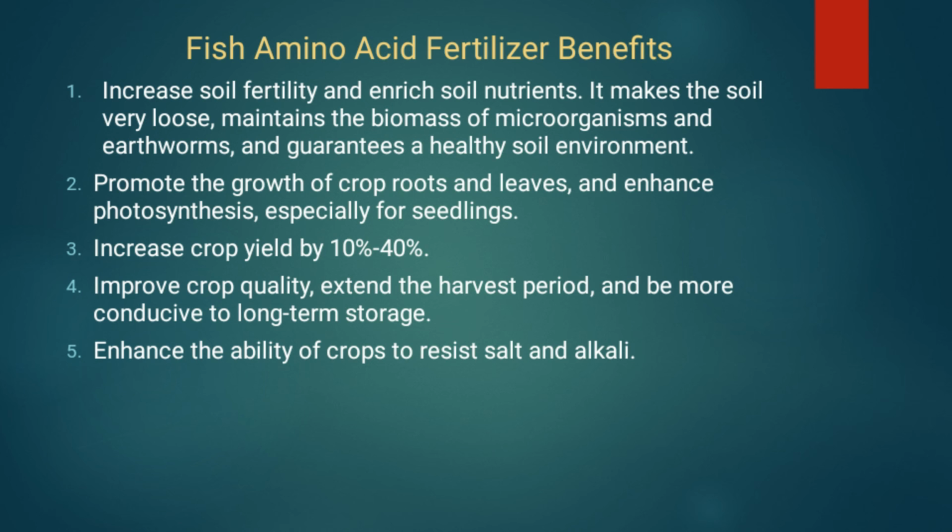Second, it promotes the growth of crops, roots, and leaves, and enhances photosynthesis, especially for seedlings. Third, it increases crop yields by 10% to 40%. Fourth, it improves crop quality, extends the harvest period, and is more conducive to long-term storage. Fifth, it enhances the ability of crops to resist salt and alkali.